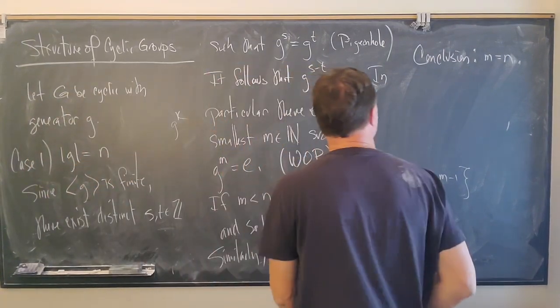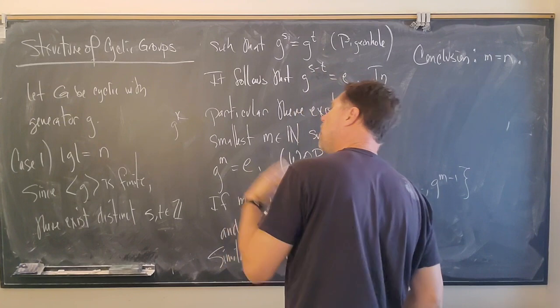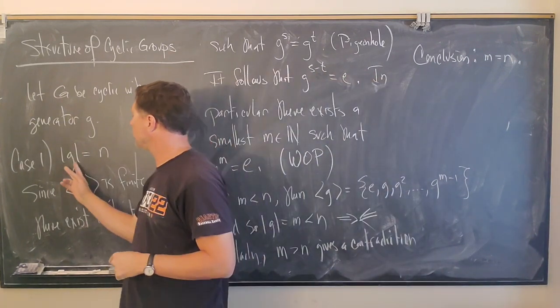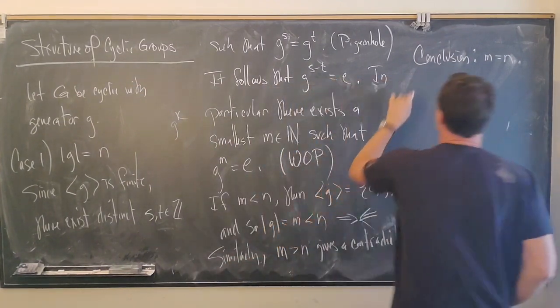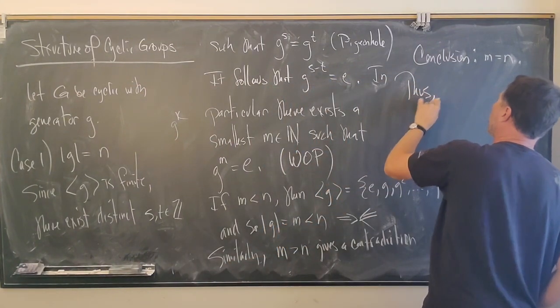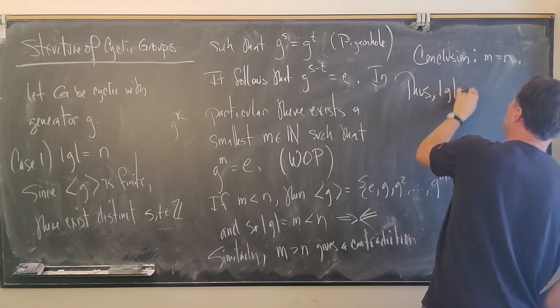And so this gives a nice alternate characterization of the order of an element little g. So we can say thus, the order of g equals n, right?